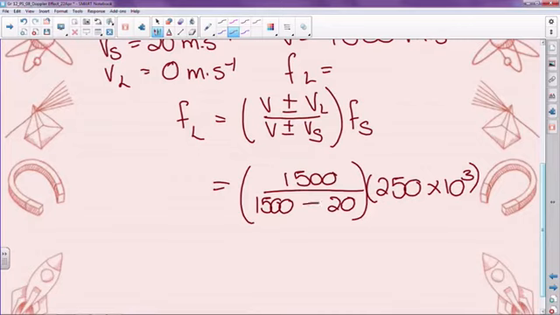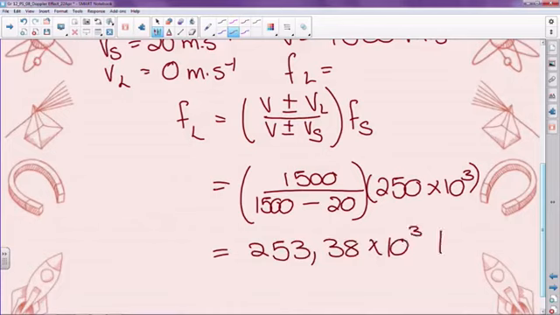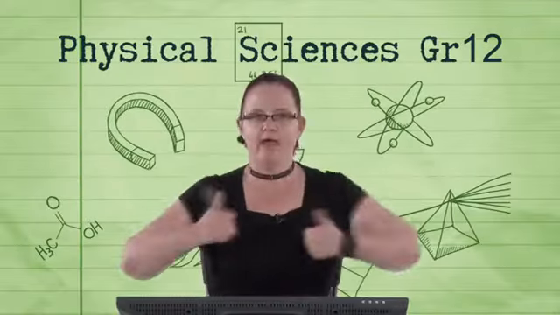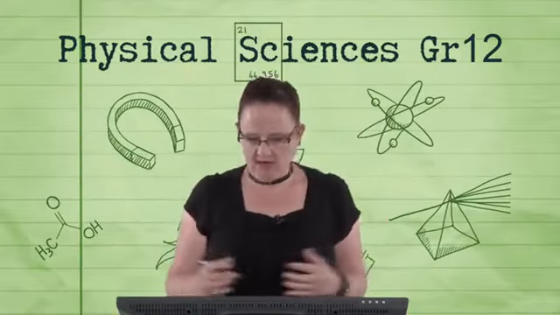I'm actually going 1,500 divided by 1,480, times my frequency, and this is what we get: 253,38 times 10 to the 3 hertz. An increase, that's exactly what we expected. We're happy. Great, we like that.